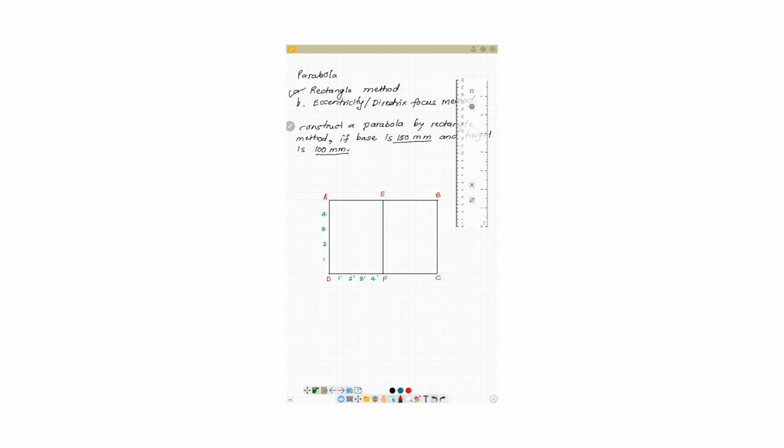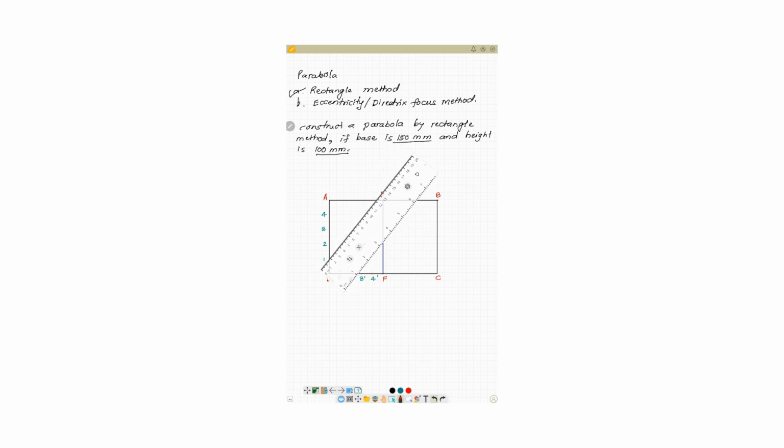Now what I have to do is, whatever number of divisions I have on the vertical side of the rectangle, I need to connect each point, that is 1, 2, 3 and 4, to the point which is E here. So I'll just adjust the scale and I will connect each point to E point.